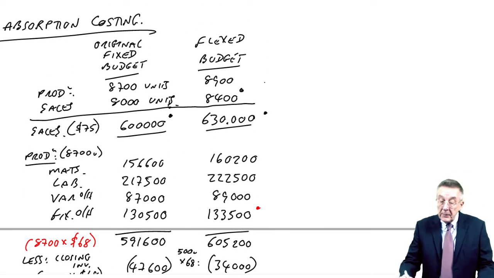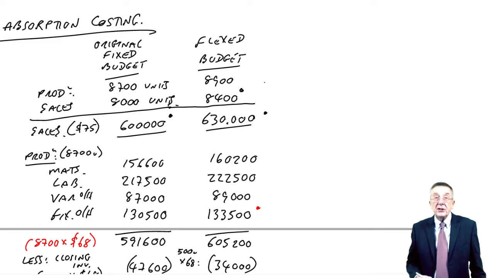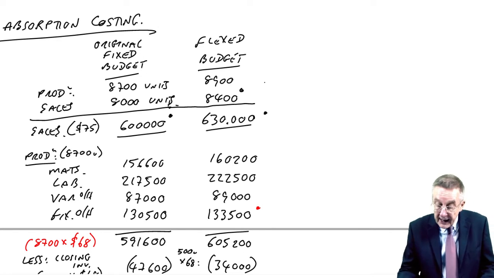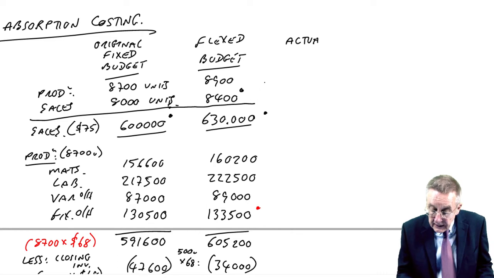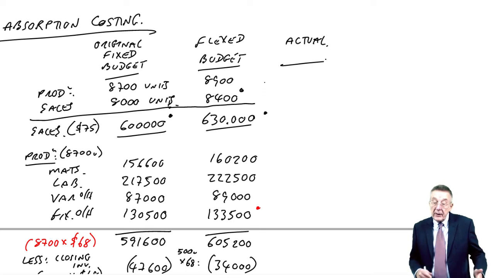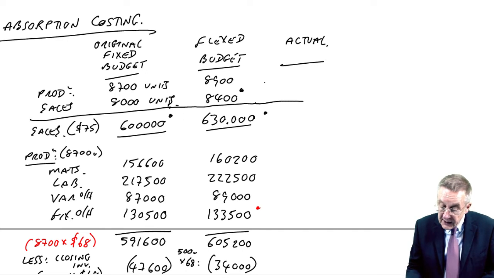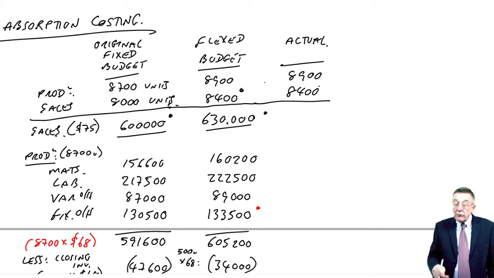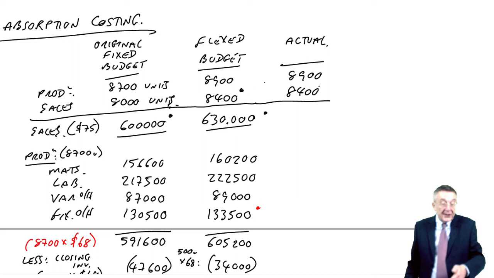However, forgetting that for the moment, what was the purpose of flexing the budget? It was because now we can fairly compare the actual results and see where we've managed to save money or where we've overspent. Because the actual production, of course, was 8,900, the actual sales were 8,400. Revenue, we know we should have now had 630.